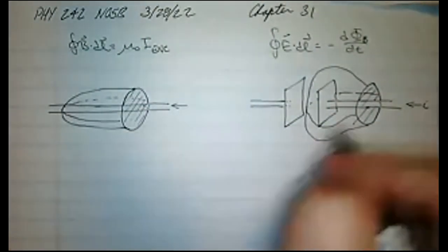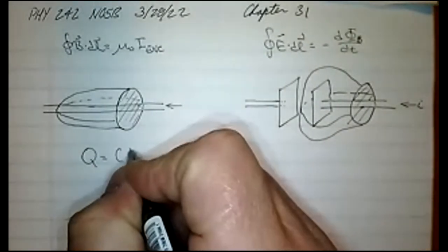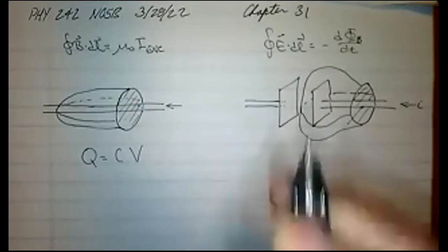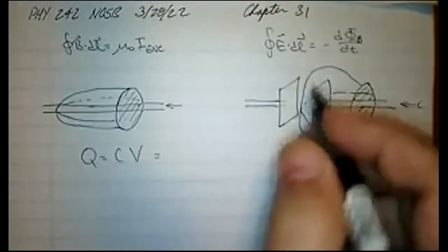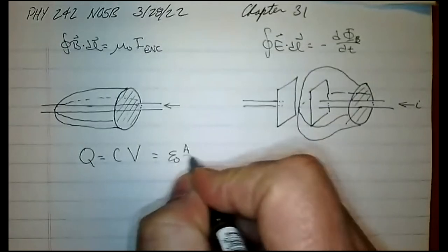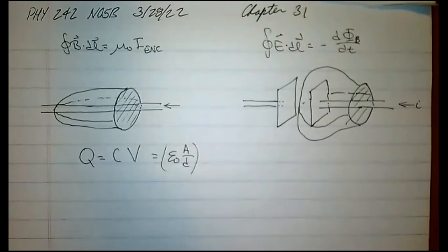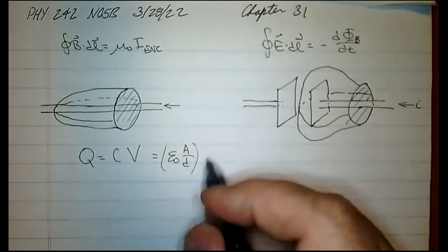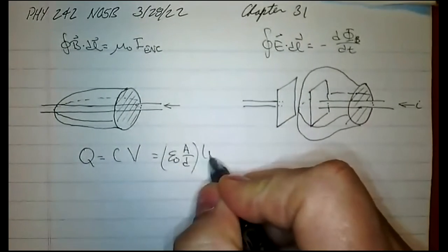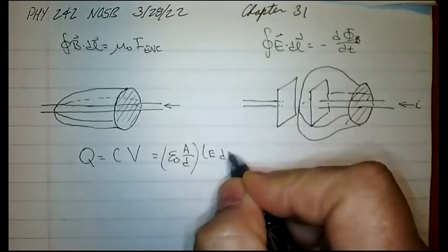So if we think about the capacitor over here, we might say Q is equal to the capacitance times the voltage. And the capacitance, of course, for a typical capacitor is epsilon 0 A over d. And in addition, the voltage is the electric field multiplied by the distance d.